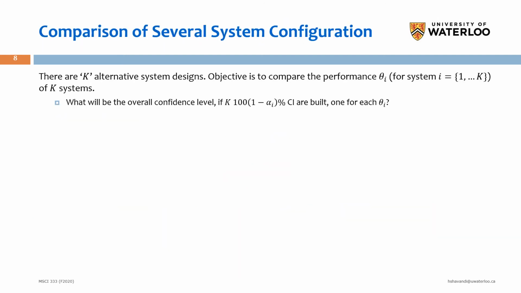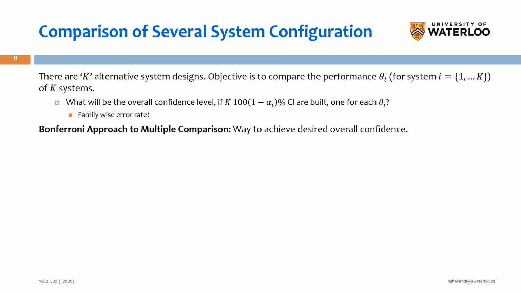The comparison of several system configurations. So here, let's say we have k alternatives as system designs, and we want to compare the performance measure theta i among the k alternatives. Okay, so the question here is this: what will be the overall confidence level if we build a confidence interval with 1 minus alpha percent confidence level for each theta i?